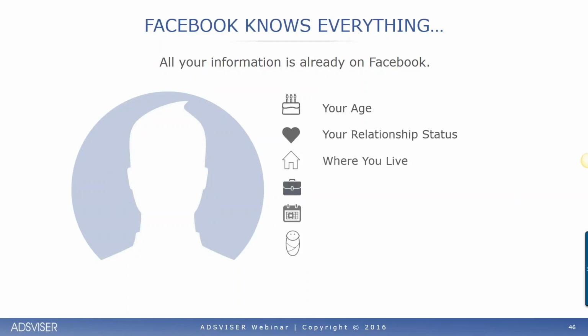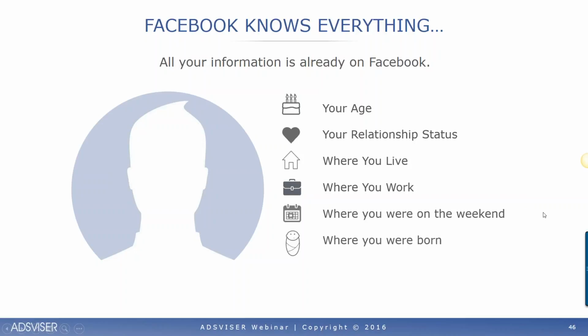It knows where you live. It probably knows what your house looks like because you've checked in there. It knows where you work, when you work, and when you're traveling to a conference. It knows where you were on the weekend and where you were born. It probably even knows what hospital and what time you were born. It knows who your dad and mum are.